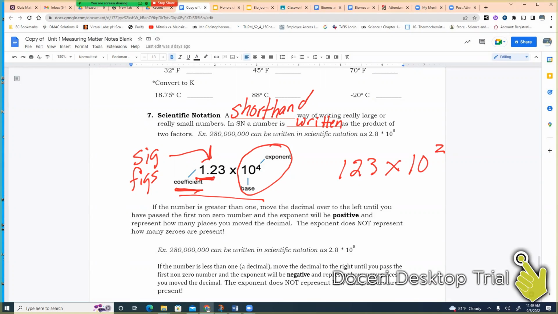If the number is greater than 1, a really large number, you're going to move the decimal to the left until there's only one non-zero number in front. The exponent does not necessarily tell you how many zeros. Sometimes they match up perfectly, but sometimes they don't.